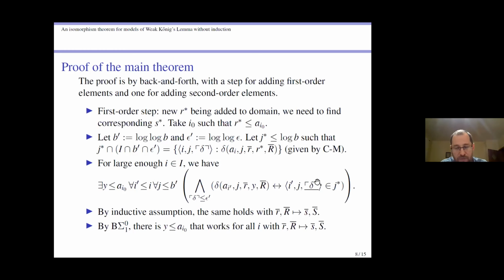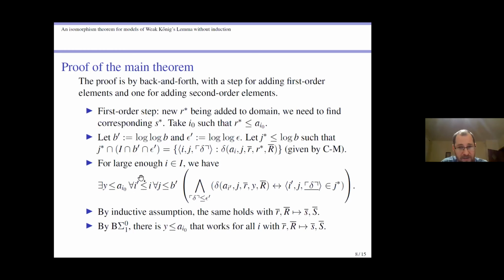This is simply true. This states the existence of R star, and it says that J star codes the correct set. And if you think about this closely enough, you can apply the inductive assumption to conclude that the same thing has to be true about the tuple of S's in place of the tuple of the R's.